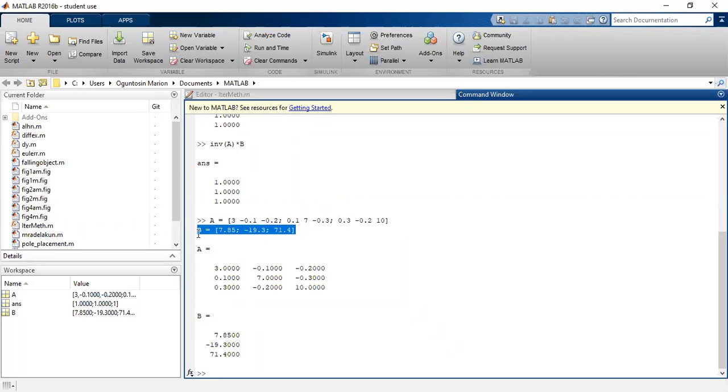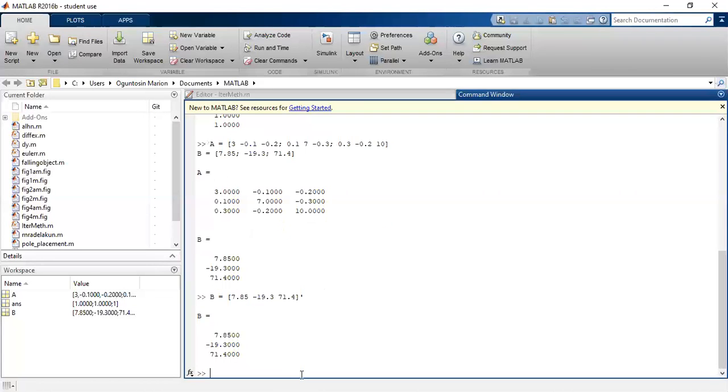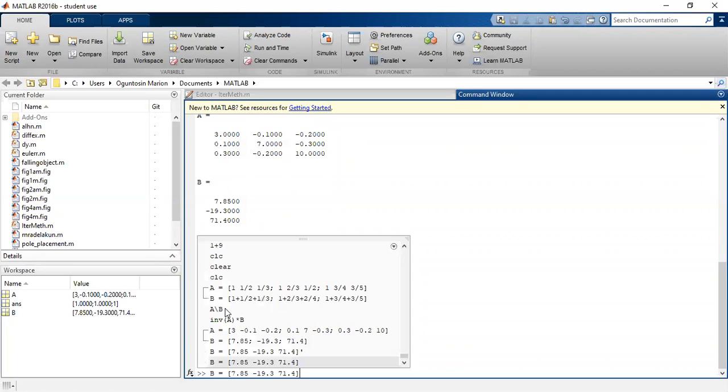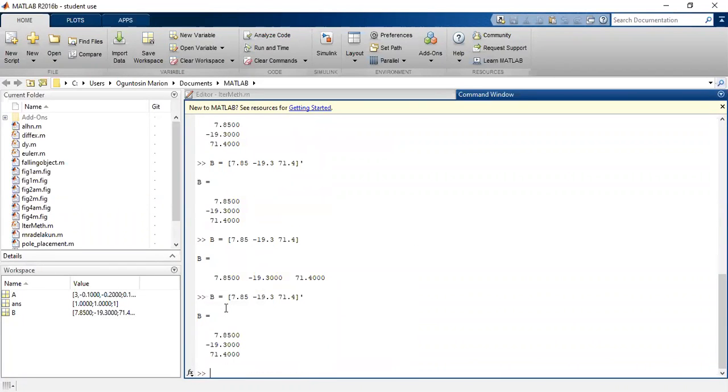Another way you can write your B matrix is to write it as a single row vector, but you put a transpose so that it becomes a column vector. If you just use it like this without the transpose, it is a row vector, but the one we're using is a column vector, so it has to be a transpose.